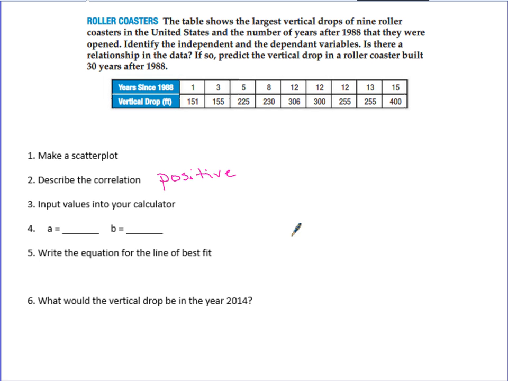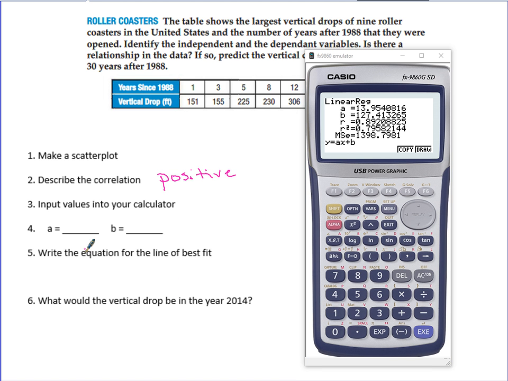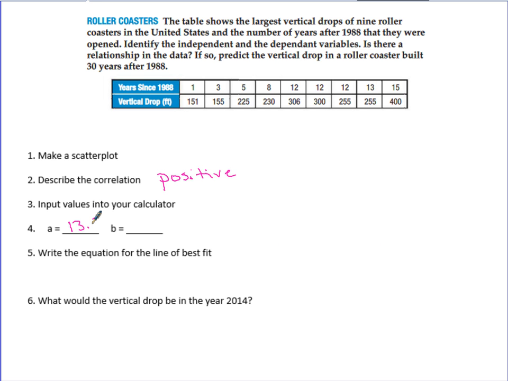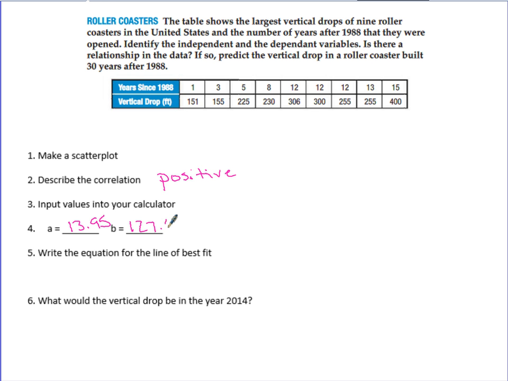All right, we can actually use the calculator to give us a line to describe those points. So we can get it to draw a line that matches as many of those points as possible. When I do that, and again, we'll go through this in class, it gives me a whole bunch of numbers. It tells me that a is equal to 13.95, and that b is equal to 127.41.